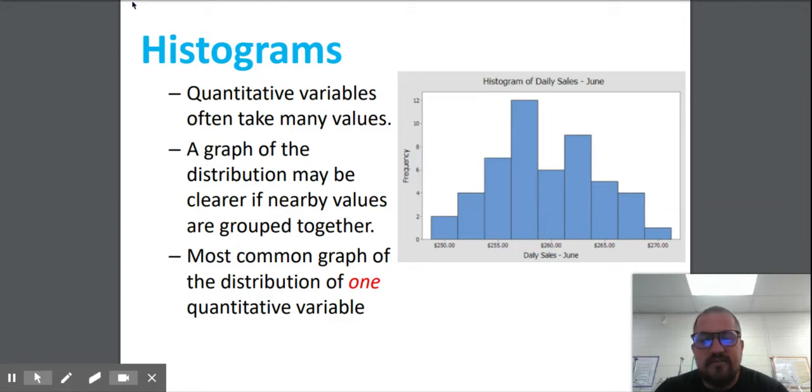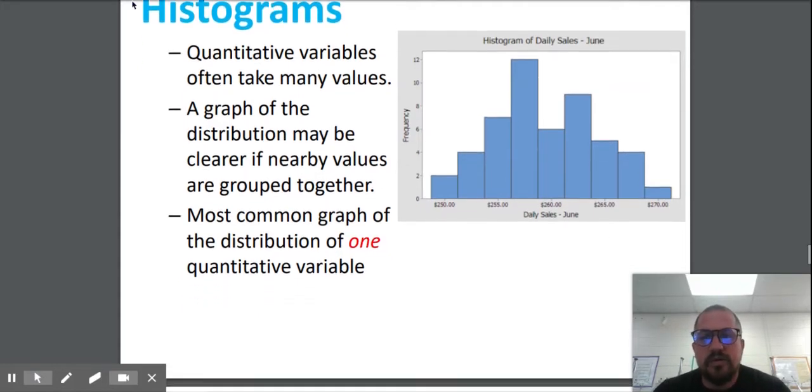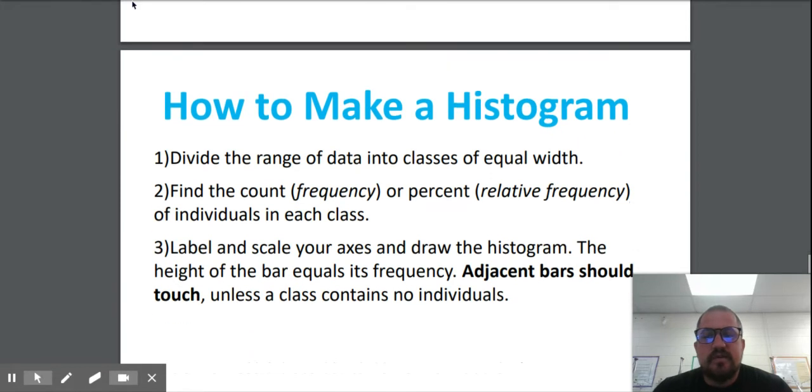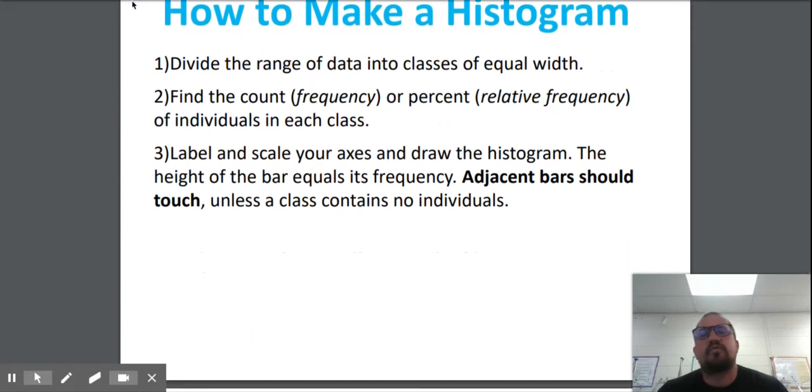When you have one set of numerical data, the most common graph that you'll see is a histogram. And it's very clear to see which group is higher or lower. So how you make a histogram, you look at the range of your data. What's the maximum? What's the minimum? If the maximum is 45 and the minimum is 15, then that would be a range of 30.